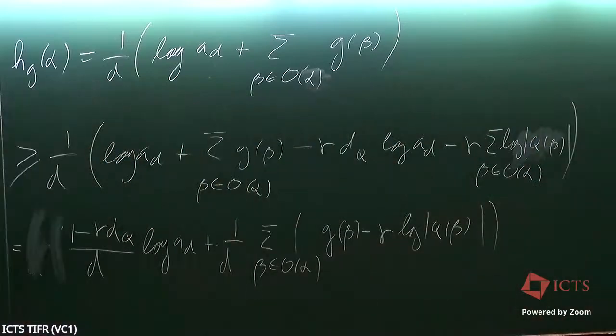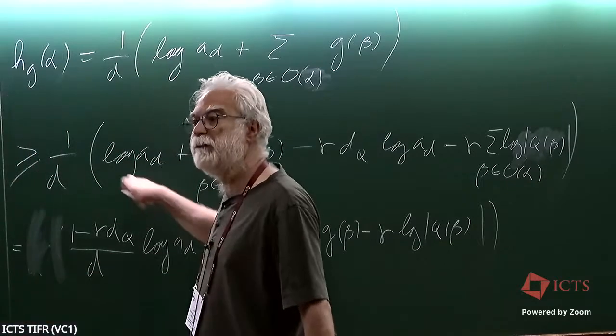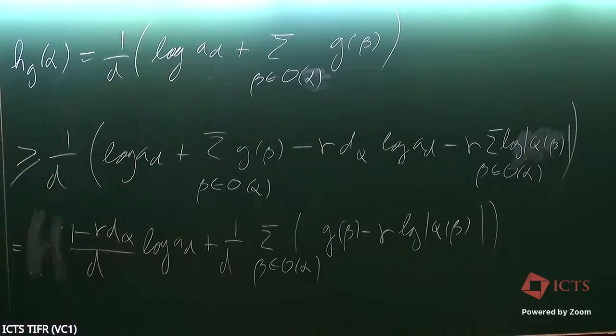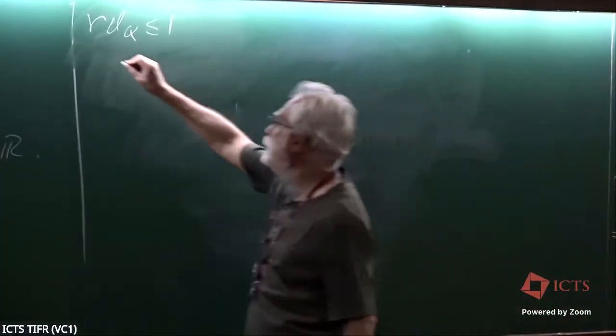Now there are two cases. I can distinguish two cases depending on whether this coefficient is positive or negative. So if R dq is smaller or equal than 1, then this quantity is positive, and so I can neglect it.